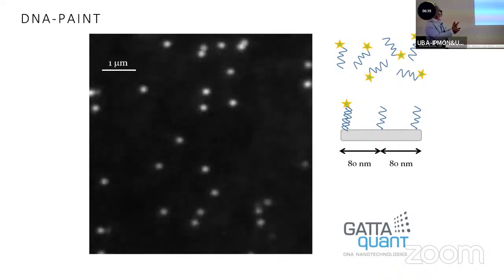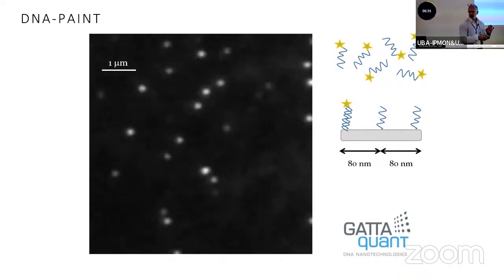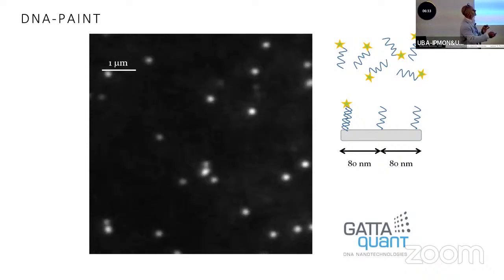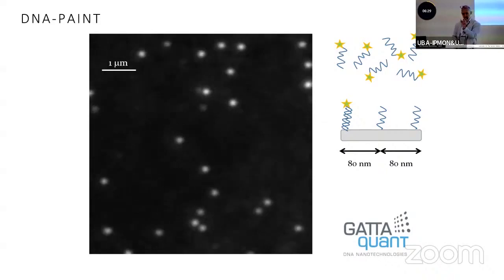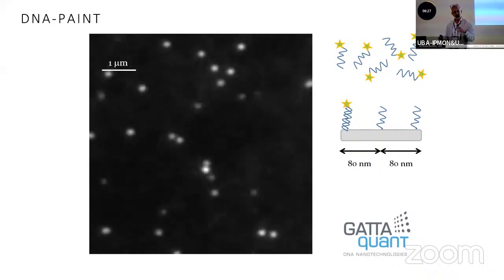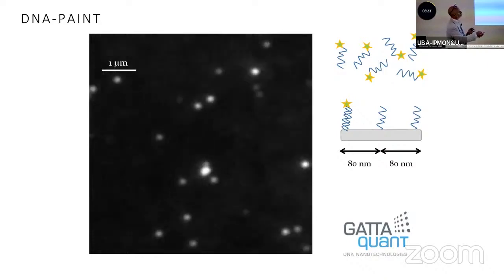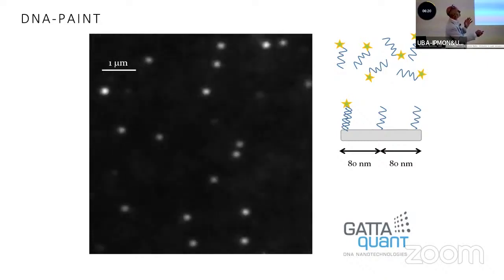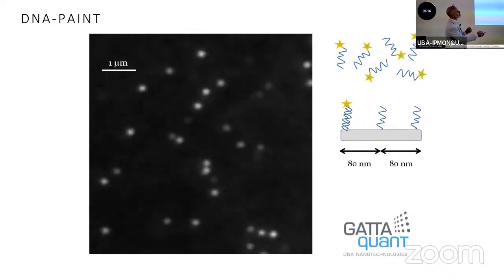Here's an experiment. This is an artificial structure. It is a DNA origami with 3 docking sites for DNA, separated by 80 nanometers each, subdiffraction distances. Tomorrow I will give another lecture. I will explain a bit about DNA origami. But for today, just think that we have some artificial structure with 3 docking strands for DNA at sub-diffraction distances.